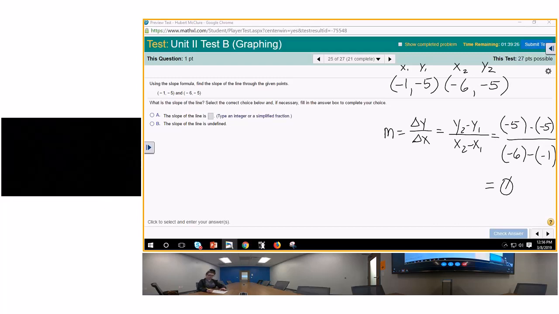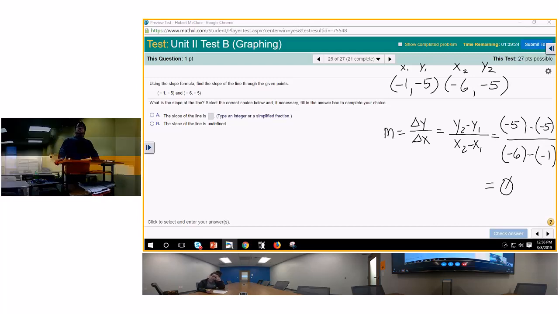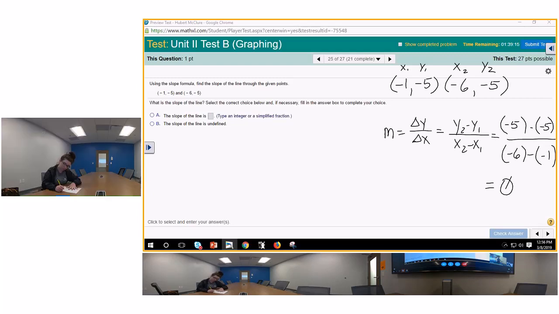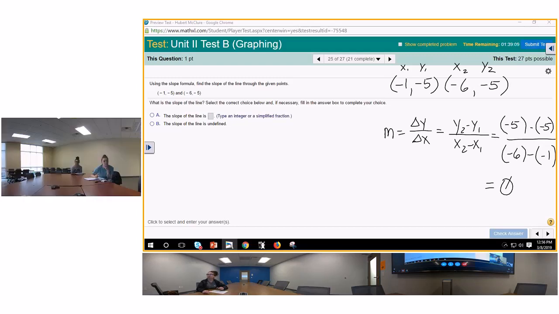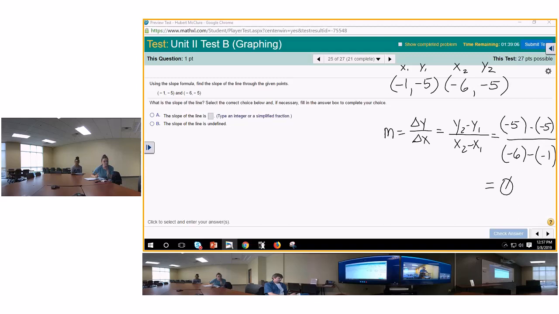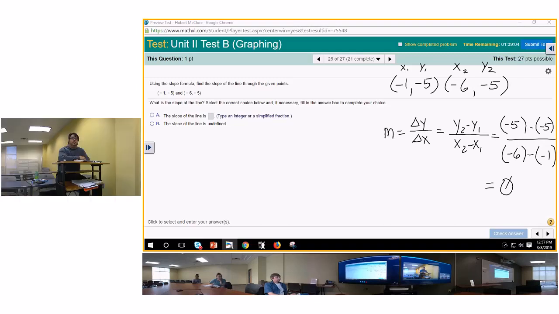I'm sorry, horizontal line. Why? Somebody's got to tell me before we move on. Why is it a horizontal line? Where's the 0? In the numerator, yes, thank you. So the slope is 0.